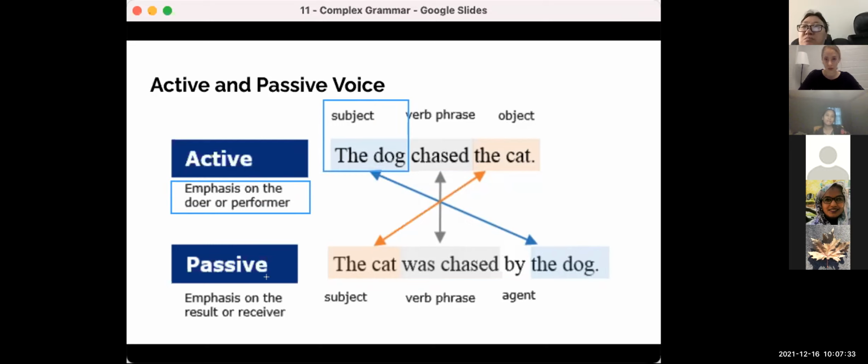In a passive sentence, we actually put the receiver or the object of the verb first. In this case, it is the cat. So the subject becomes the object and the object becomes the subject in a passive sentence.